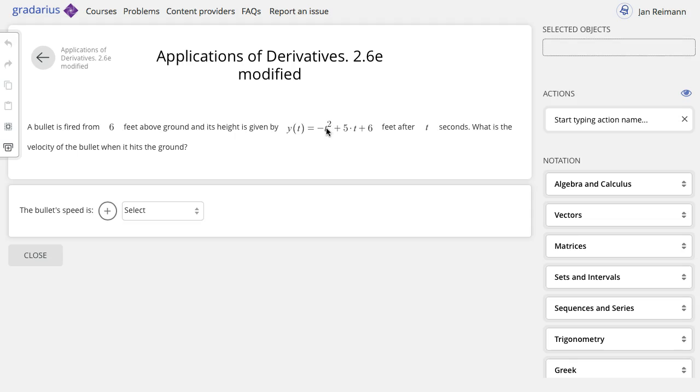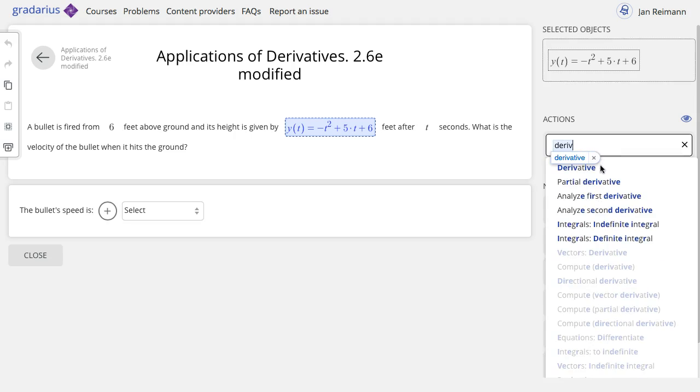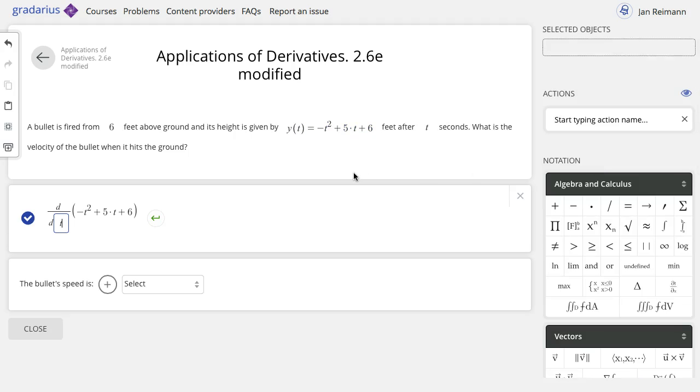For that, we can always just select the term here. So we select this and start take a derivative. It asks us, what should be the derivative variable? In this case, it's clear, it's t.